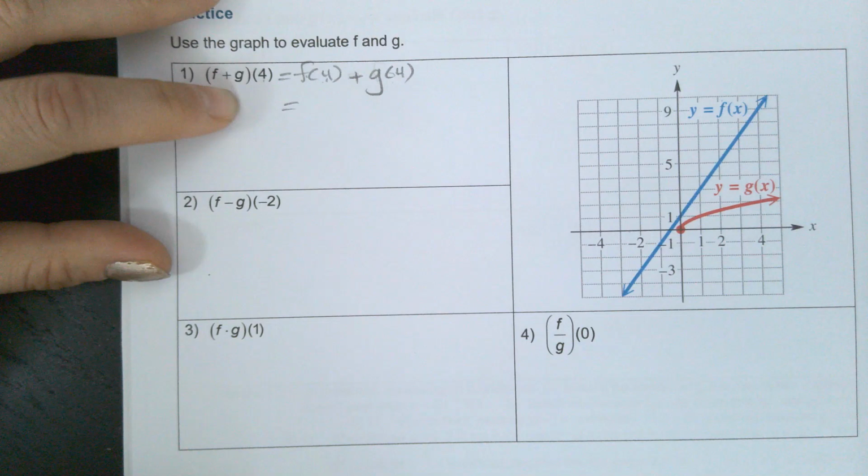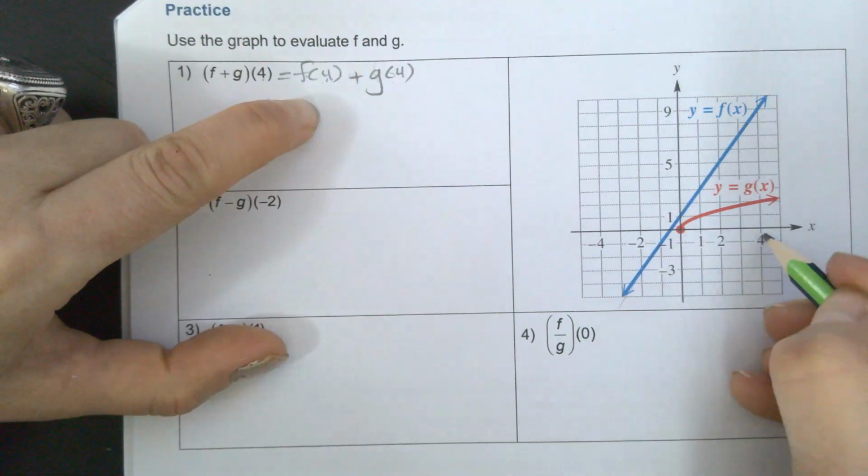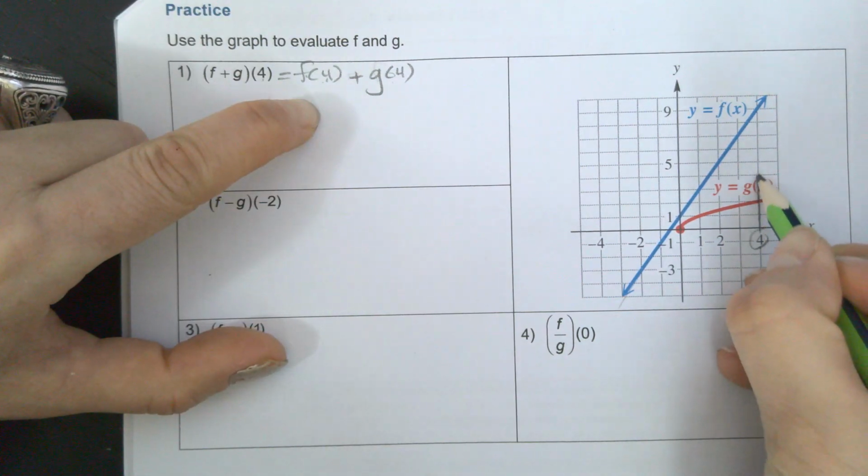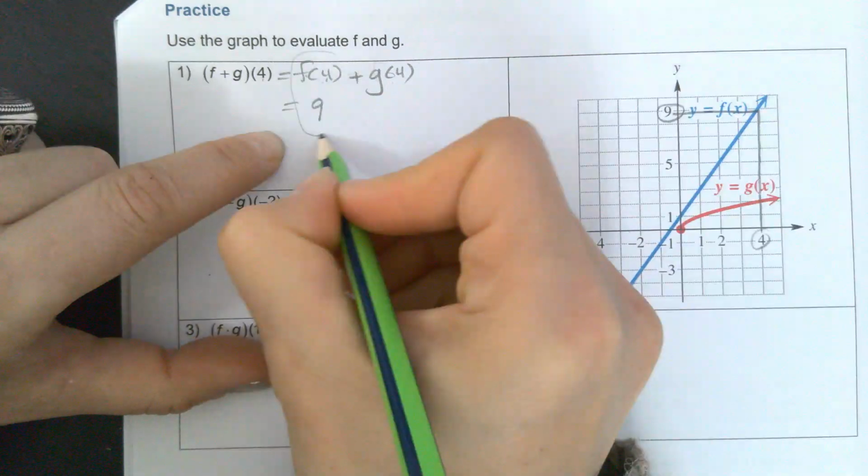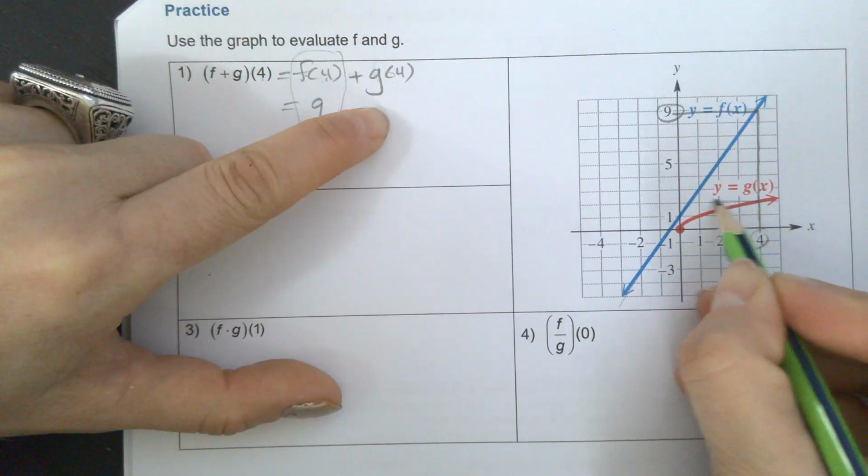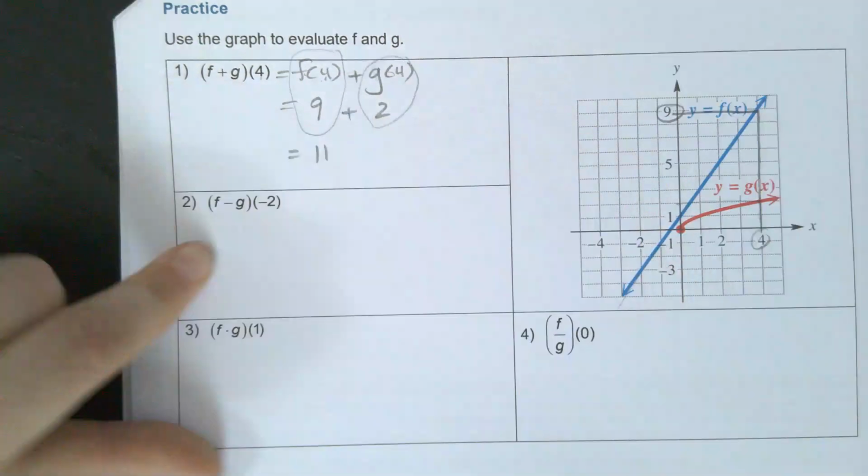So f is the blue, so I'm going to go to 4, go up to the blue, and over. So f of 4 is equal to 9. Now g of 4 is the red, so I go up to red, and that's 2. So g of 4 is 2. So that's 11.